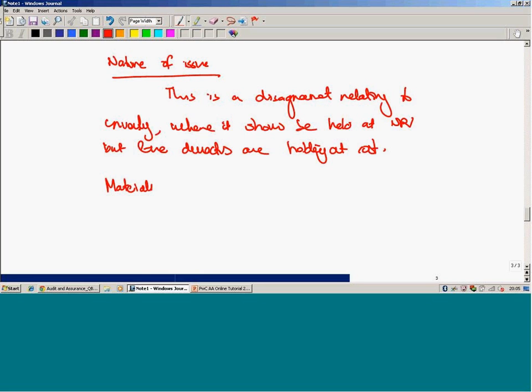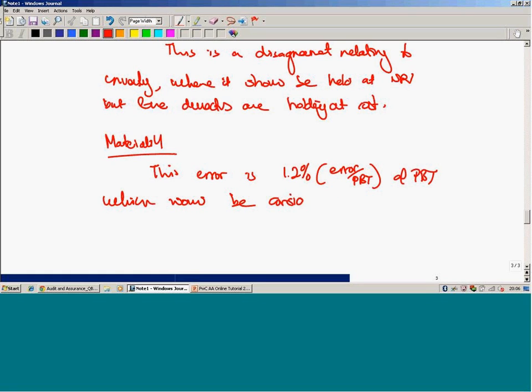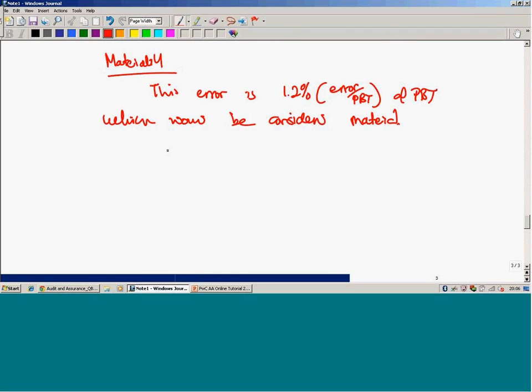Materiality: we could say 1.2%. So the error over, let's say I'm using PBT, profit before tax, which we considered related to entry, so not pervasive.